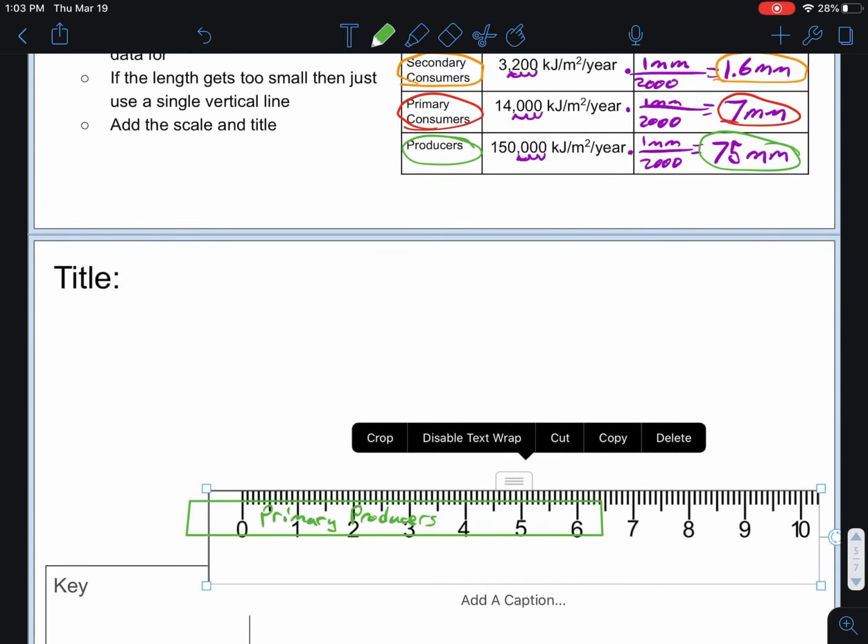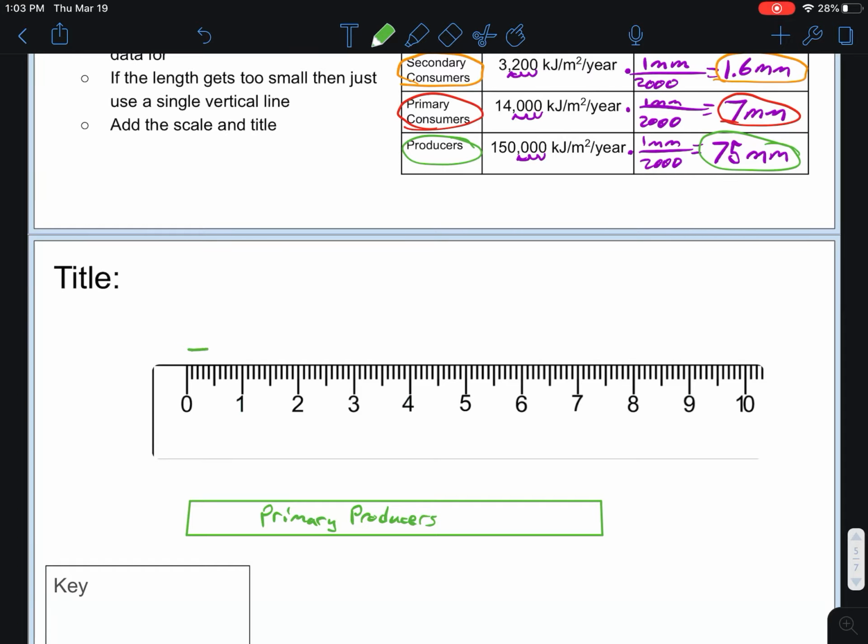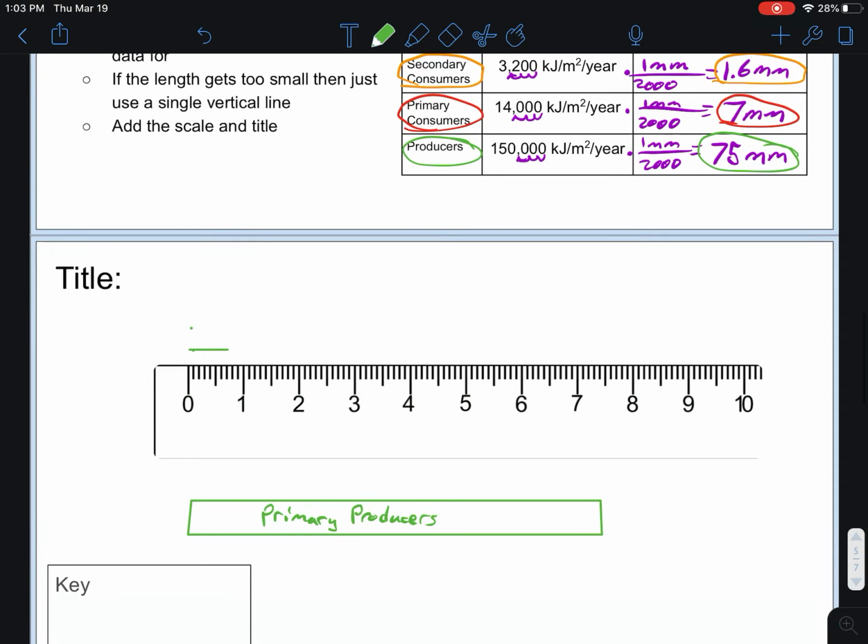Seven millimeters is only 0.7 centimeters. So it's going to be very small.